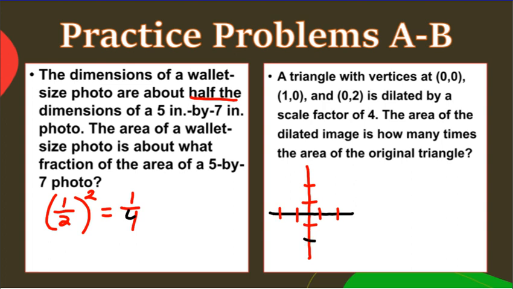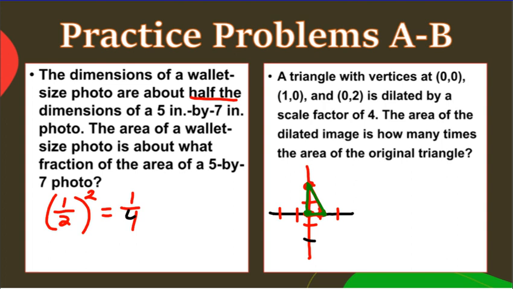We have points at 0, 0, at 1, 0, and at 0, 2. So here's our triangle.